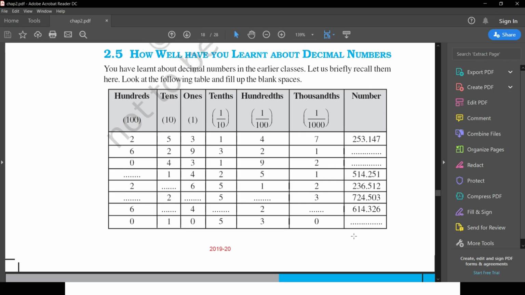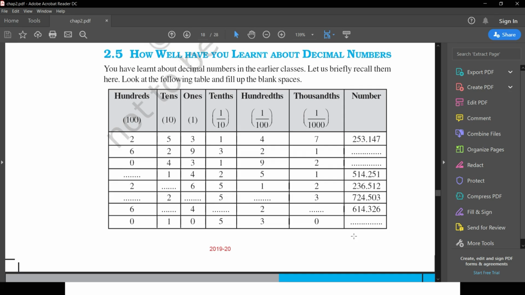You start from the right side. In the thousandths place you write 7, in the hundredths place 4, in the tenths place 1, in the ones place 3, in the tens place 5, and the hundreds place will be 2.